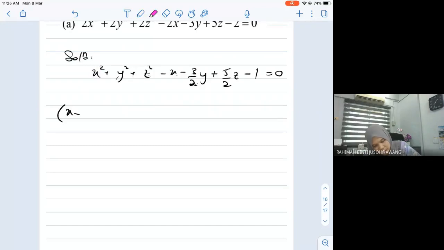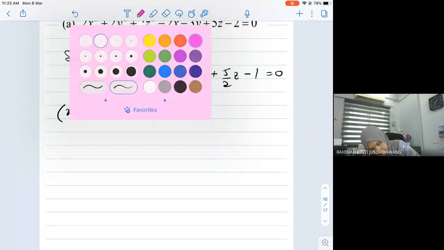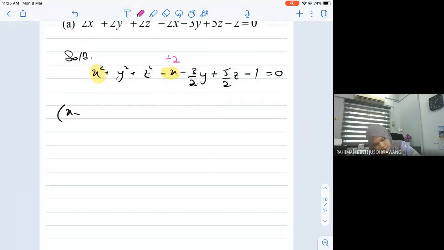Minus, sorry, yellow. x squared's partner is negative 1, so divide by 2, it becomes 1/2. Squared, plus, open y. y's partner is negative 3/2, divide by 2 again, so negative 3/4. Divide by 2 again. So squared.